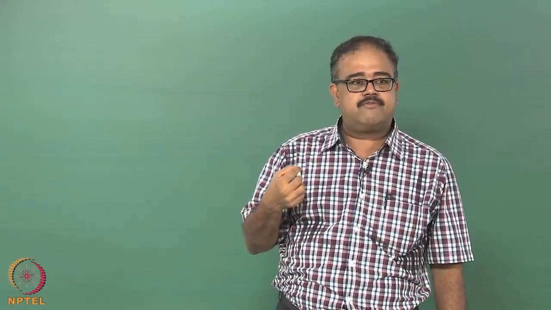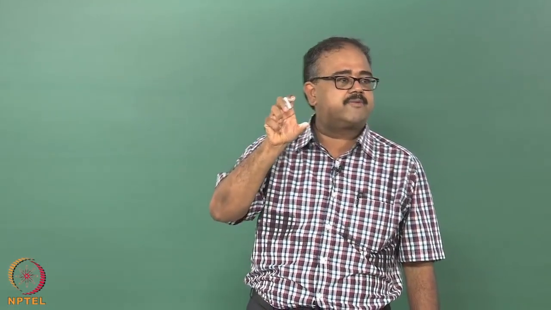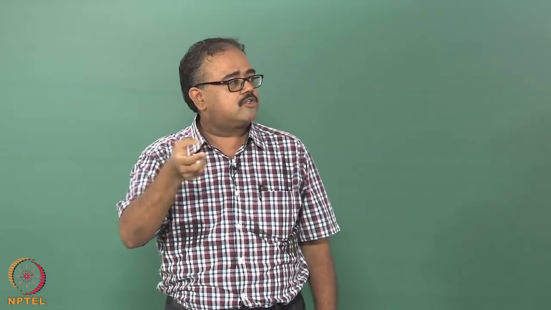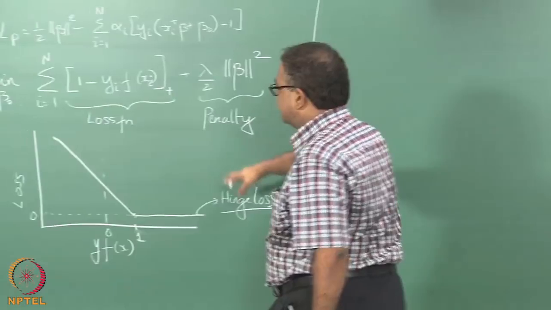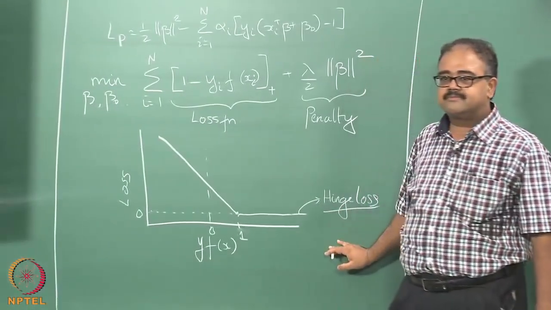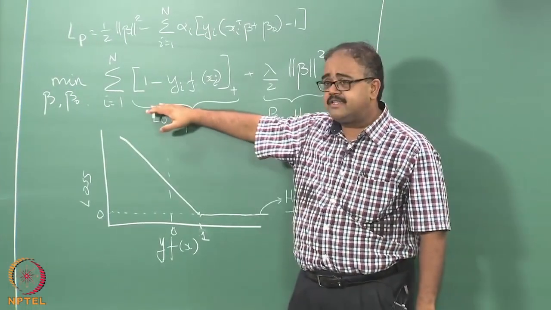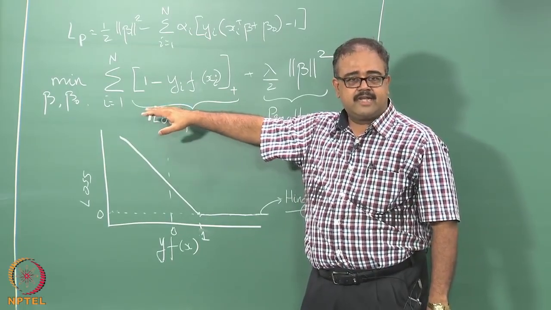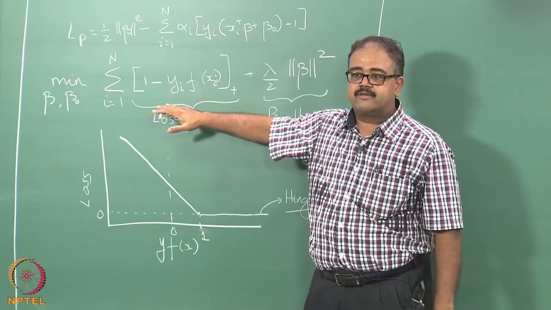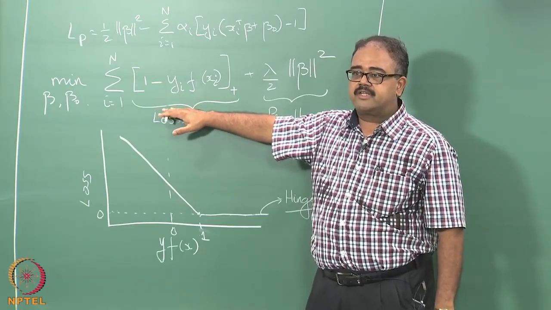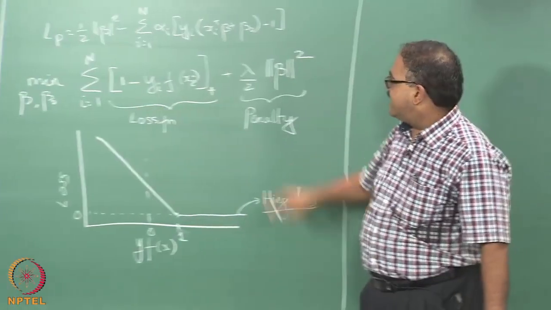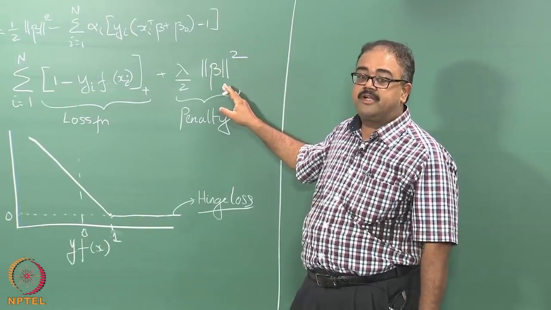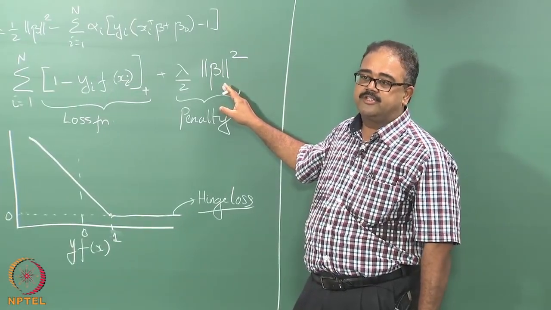So in effect the constraints are an important part of what you are trying to optimize. It is not just the distance from the hyperplane that matters, but it also matters that you should be on the right side of the hyperplane. Putting it as a hinge loss makes that explicit. I am saying this is the loss function I am interested in. That tells me I am interested in correctness, I want to make sure that all my data points are correctly classified, and the penalty tells me to make sure it is a small norm solution.